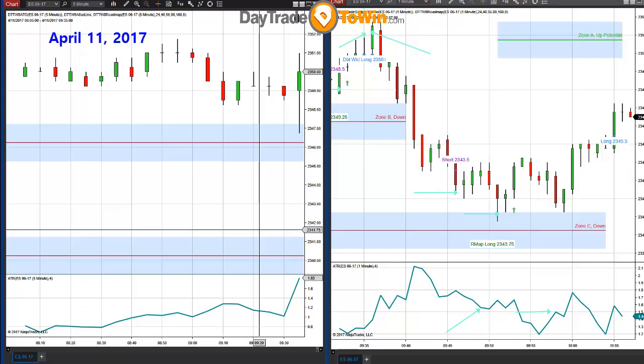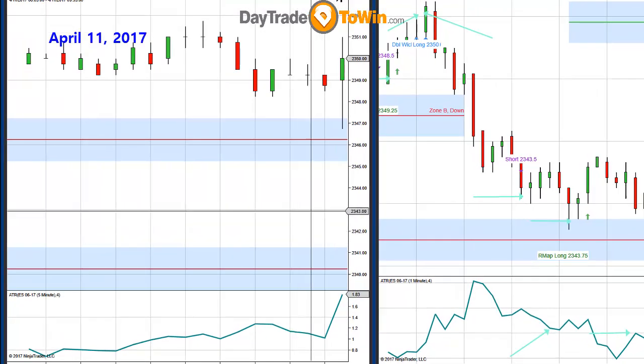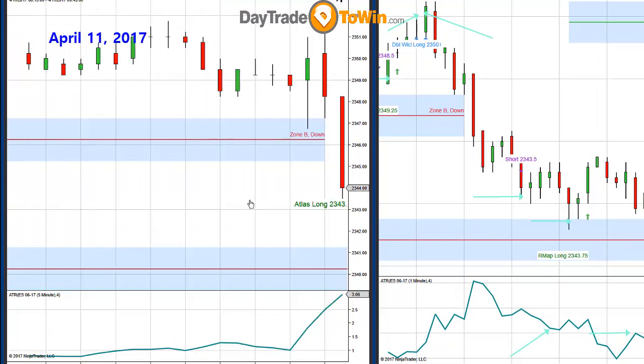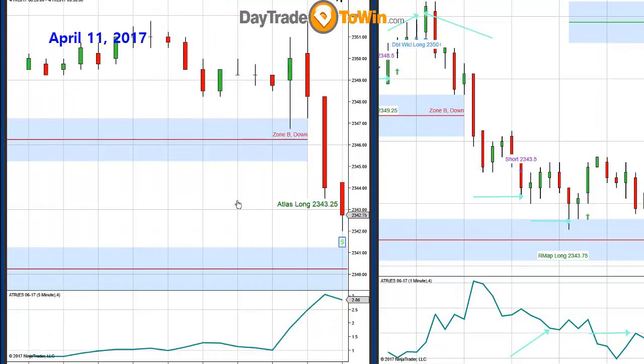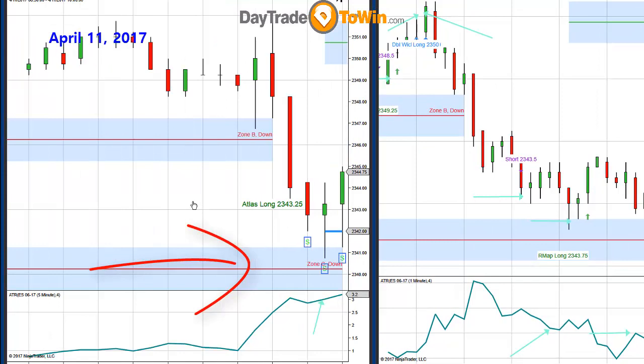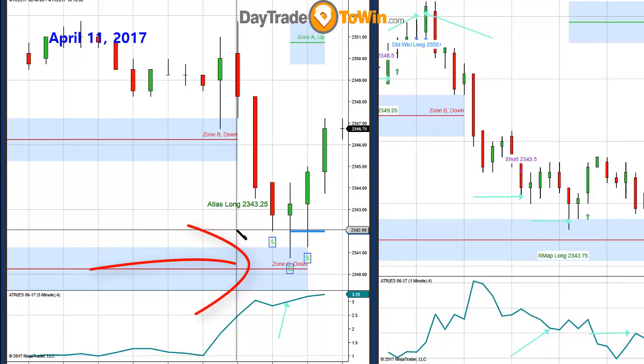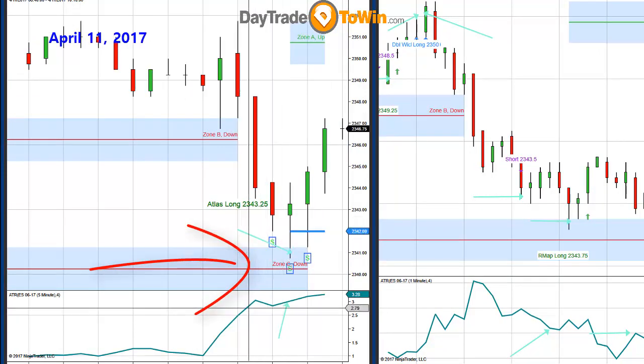And now, if I know into the future that the market will stop at my roadmap level, why should I go short knowing that the market will reverse? I will be very cautious in taking a short trade.